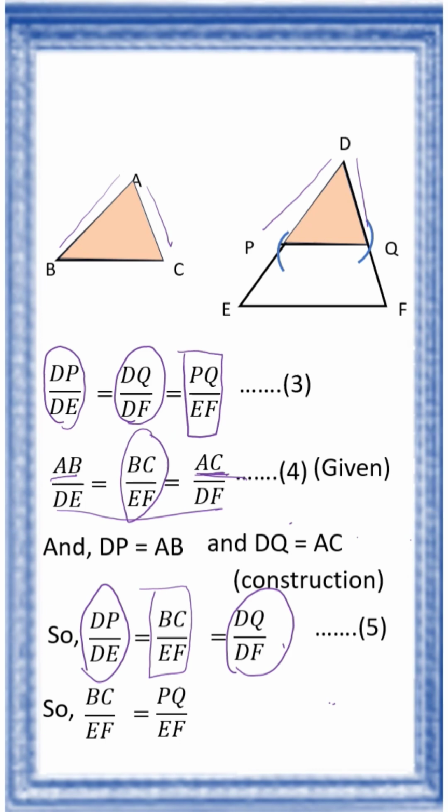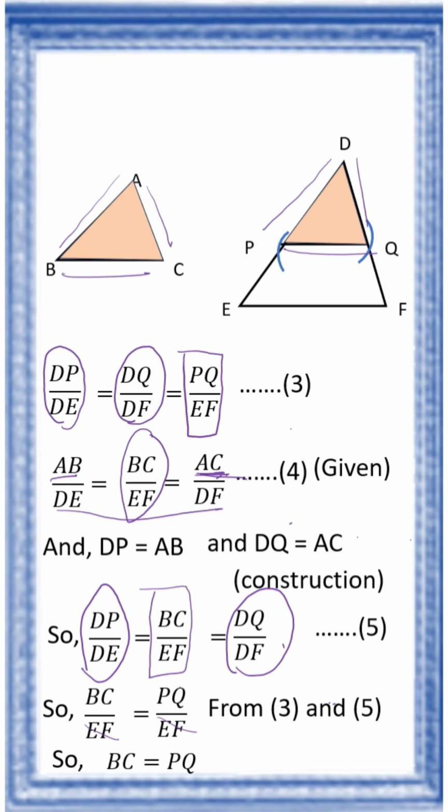Here EF and EF get cancelled, isn't it? So numerator should be equal to each other. BC is equal to PQ. I think now you have got my idea that I am proving triangle ABC and triangle DPQ are congruent.